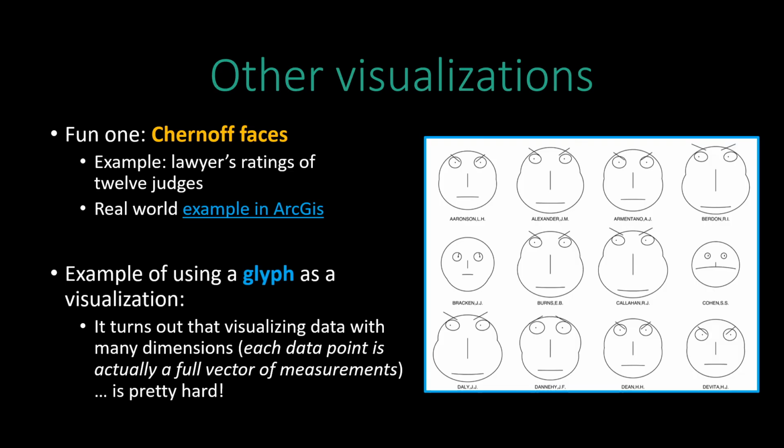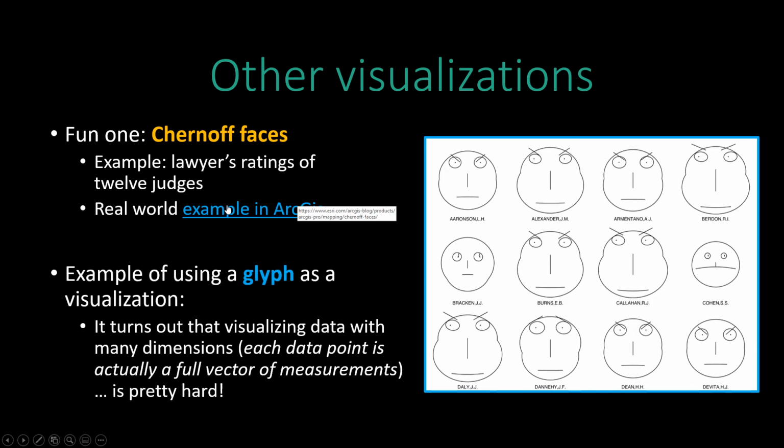Okay, there are of course other visualizations. I will choose another one which is quite funny, and that is using Chernoff faces. This is an example of lawyers' rating of 12 judges. So these are 12 data points, and for each of these judges you would have a bunch of lawyers rating them, and every lawyer will give a different rating for the judge.